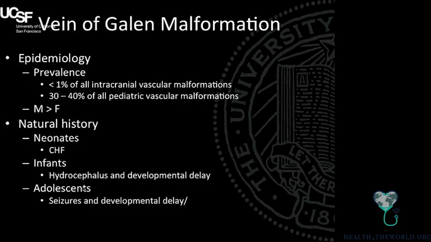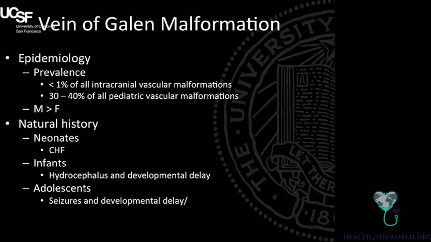So again, here's venous malformations, very uncommon, about 1% of all vascular malformations, but a higher percentage of the pediatric population, again, because we just don't see that many at that age. They're more common in males than females, or I'd say boys and girls, and that's true of a lot of pediatric vascular things, whether it's aneurysms or AVMs as well, at that age.